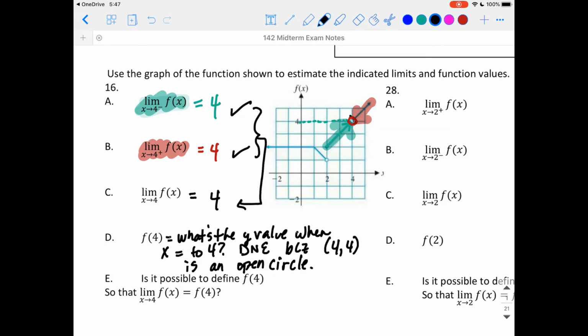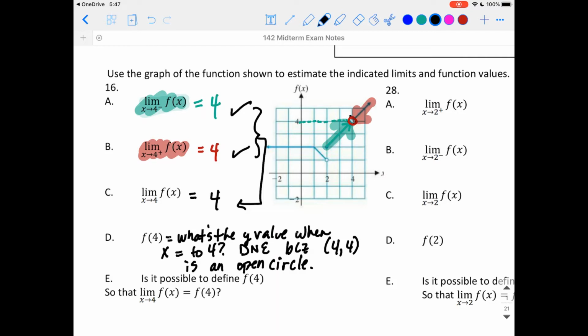You need to understand limits. Again, it's just where is the graph headed towards, whether that point exists or not as part of the graph. So in this particular problem, the limit is definitely 4 because those arrows are both headed at x equal to 4 anyway. They're both headed to a y value of 4. Even though for that function, f of 4 doesn't exist because it's an open circle.